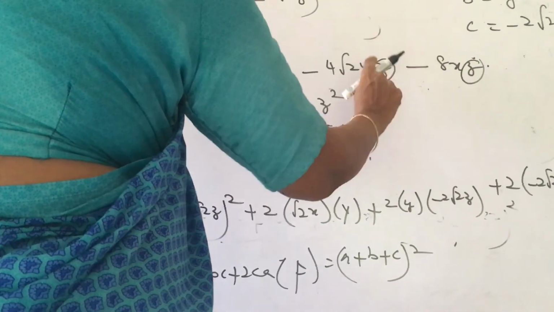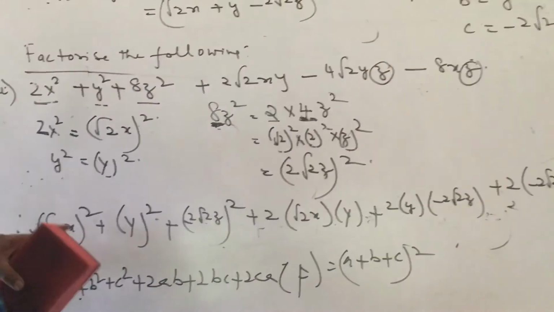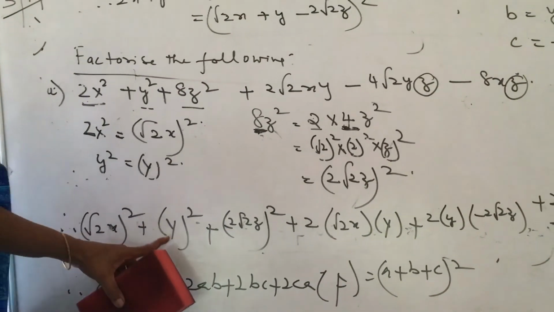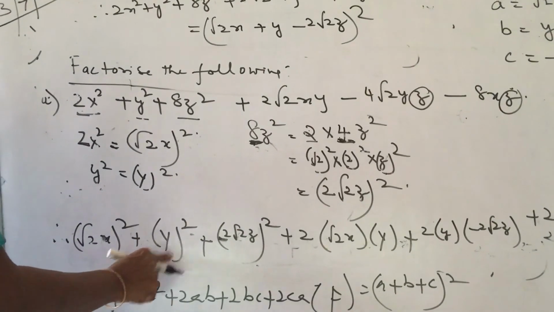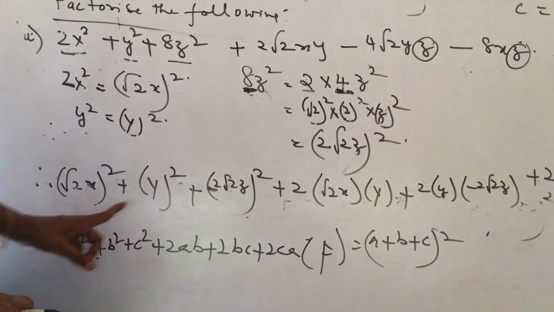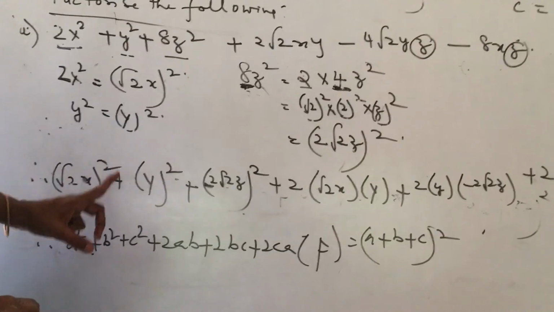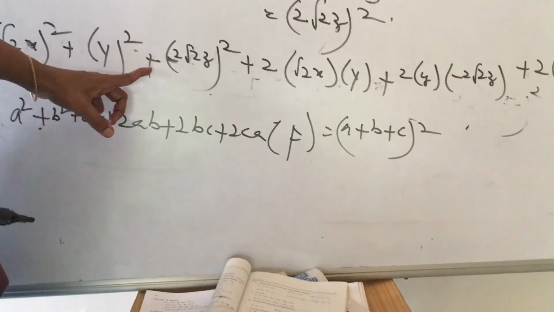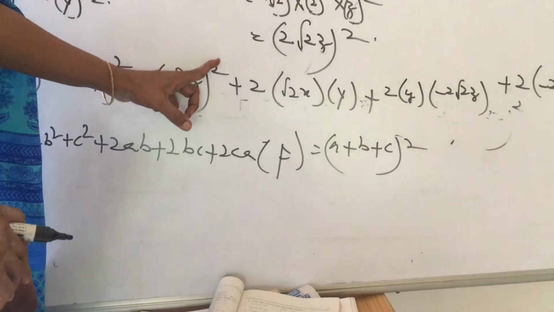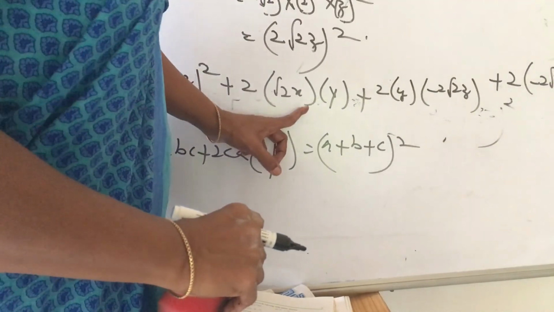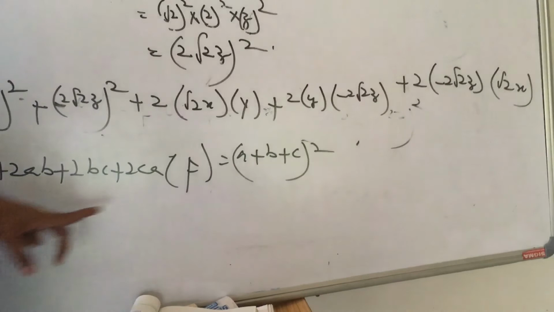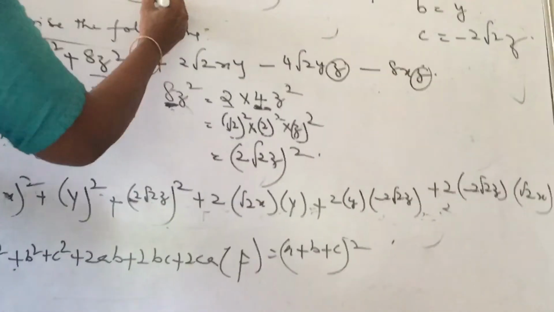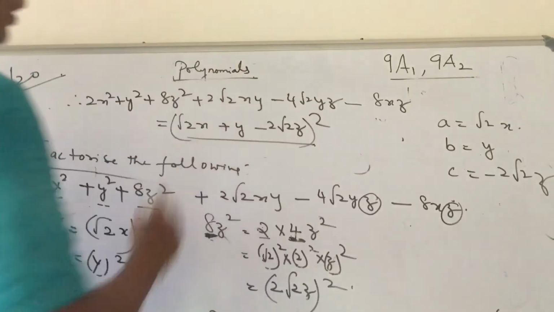Z. So z should be negative. X positive, y positive, z negative. (Root 2x) the whole square plus (y) the whole square plus (minus 2 root 2z) the whole square plus 2ab plus 2bc plus 2ca is equal to (a plus b plus c) the whole square.